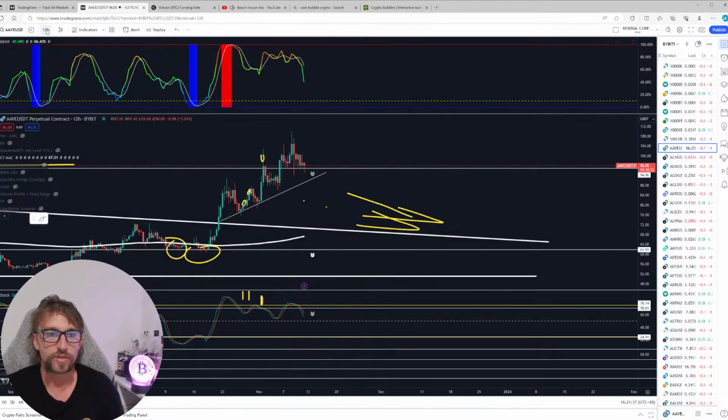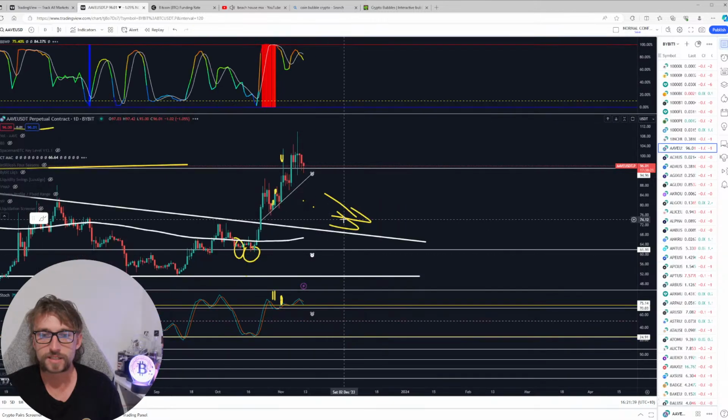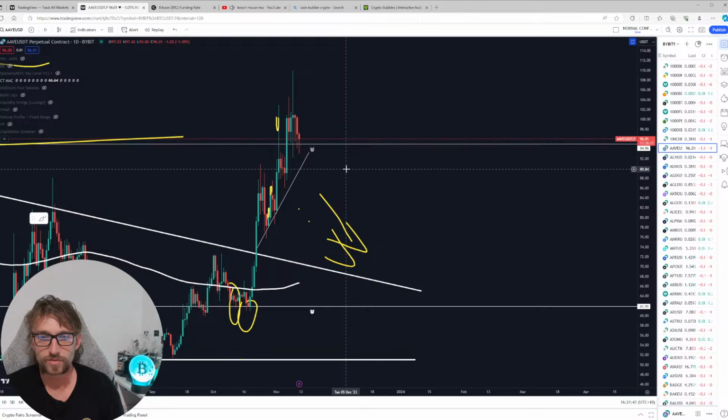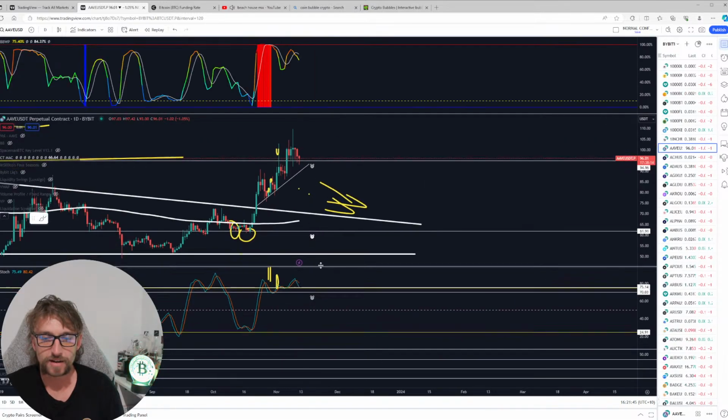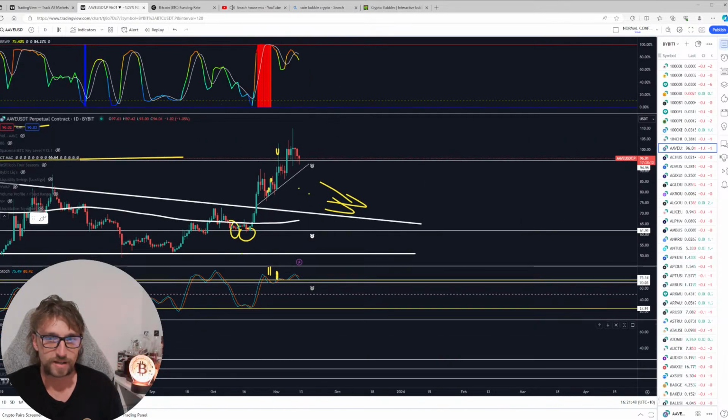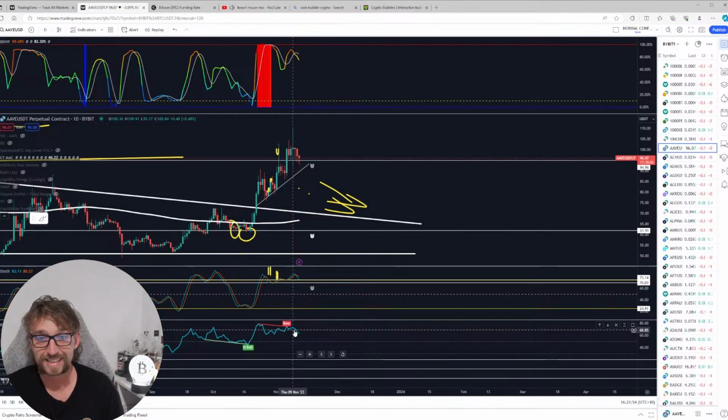I'm on the 12-hour chart here. I just started the daily. AAVE looks nice. It's trying to put in a bit of a top. I need to see how many cases of bearish divergence there are. 1, 2, 3. It's a lot of bearish divergence.